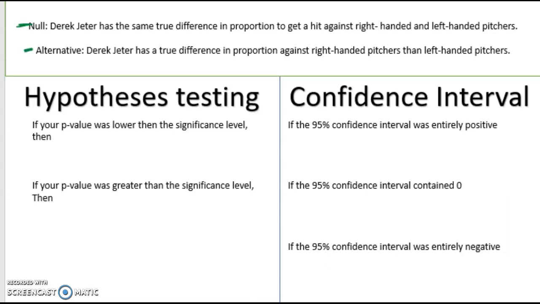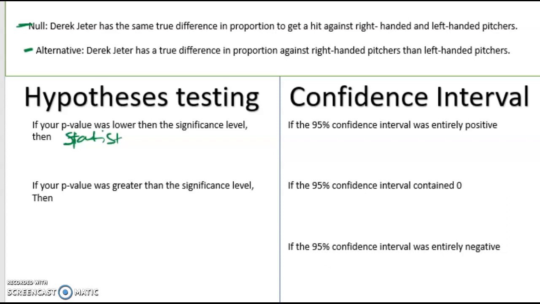So the cool thing about confidence intervals is it's basically another way to form a conclusion. So hypothesis testing gives you evidence of one hypothesis or the other, and confidence intervals also tell us that. So with hypothesis testing, if your p-value was lower than the significance level, that means there was no evidence of random chance. So this would be an instance of statistical significance.